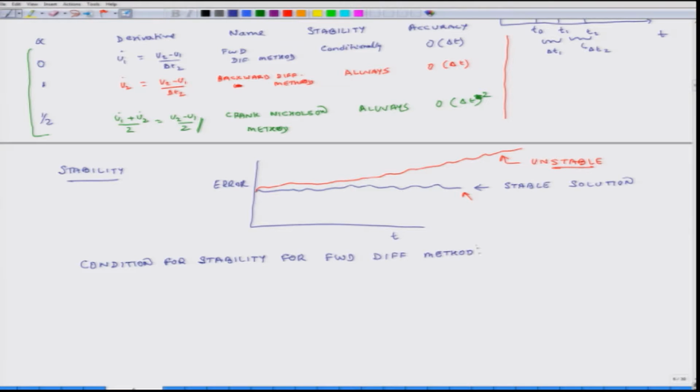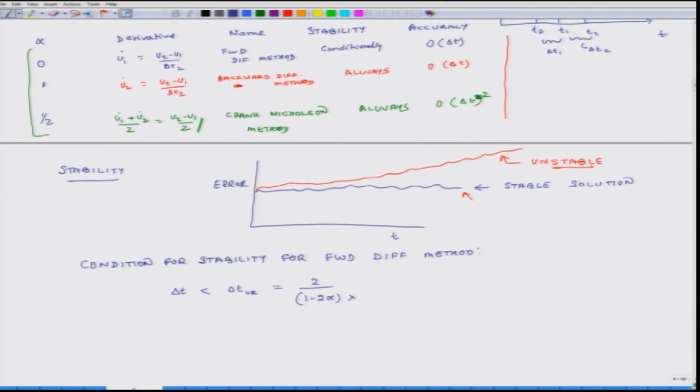The condition for stability is that the time step should be smaller than a critical time step, delta t critical, and this value is 2 divided by (1 minus 2 alpha) times lambda.